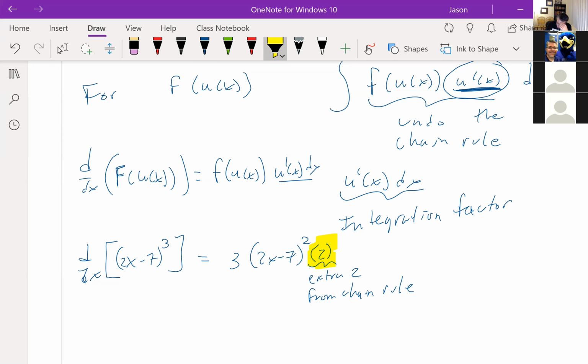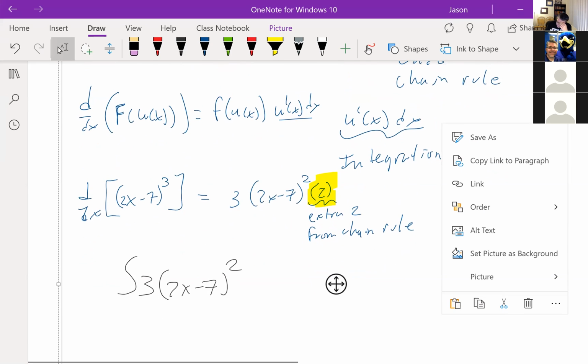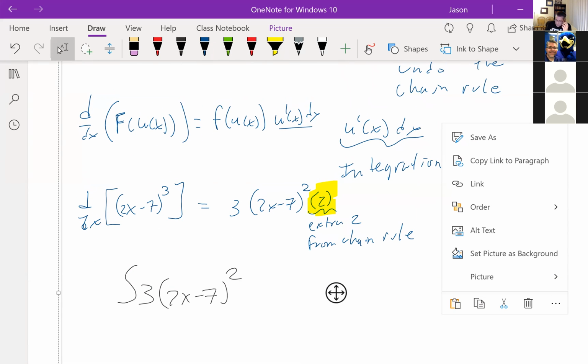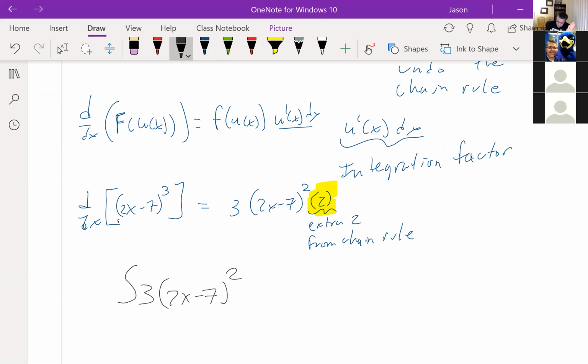For example, if I took the integral of 3 times (2x minus 7) squared, but I left off the 2, then I'm not going to get the correct answer. I wouldn't be able to go back to this guy.